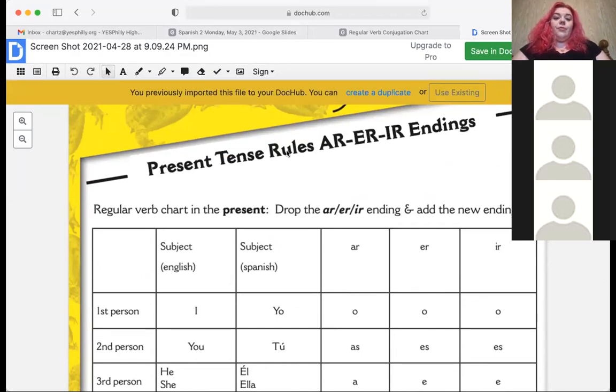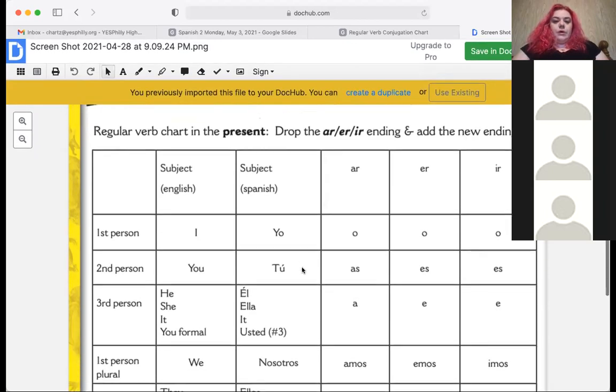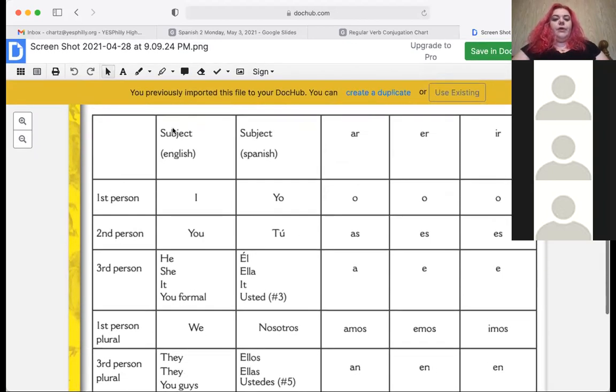But so the present tense rules for AR, ER, and IR endings, and these are all the regular ones. So we have the regular verb chart in the present, and that's what we've been doing, the present tense. So you're going to drop the AR, ER, IR ending, and you're going to add the new endings, which we went over. And we talked about the subjects, and they're kind of what I taught you before.